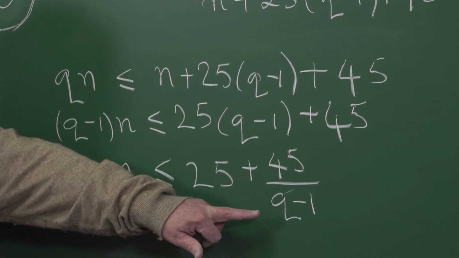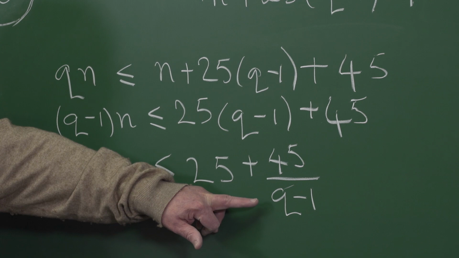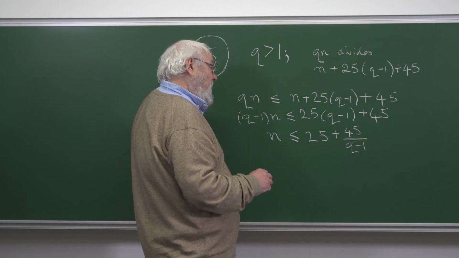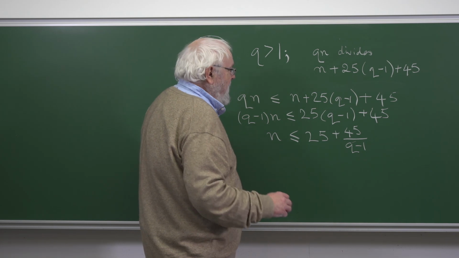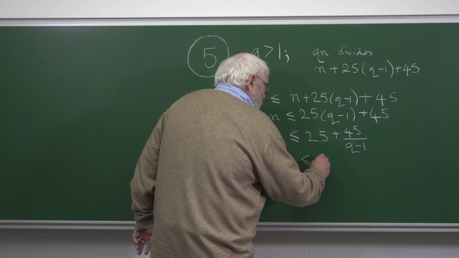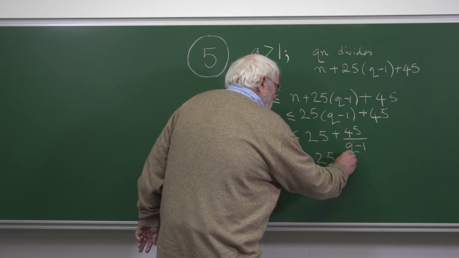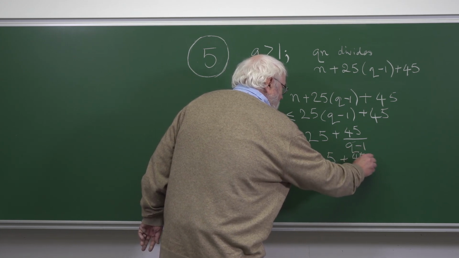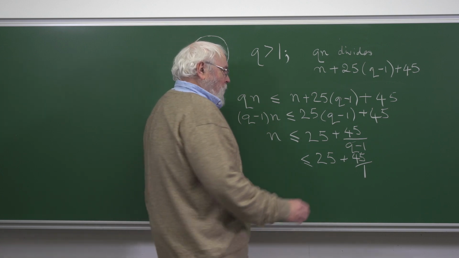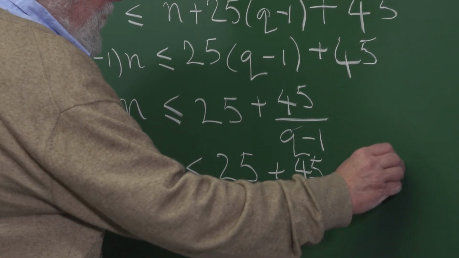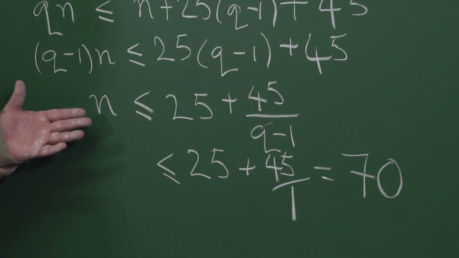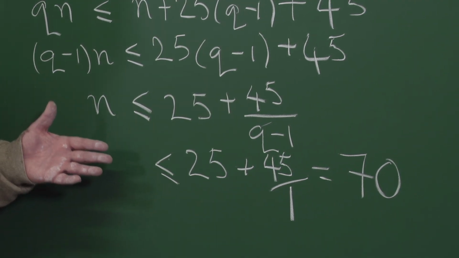Now, this is an integer, so it is at least 2. So this expression on the right-hand side is at least 2, and so n is at most 70.